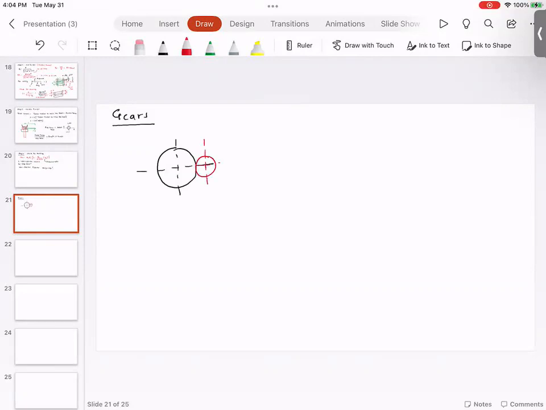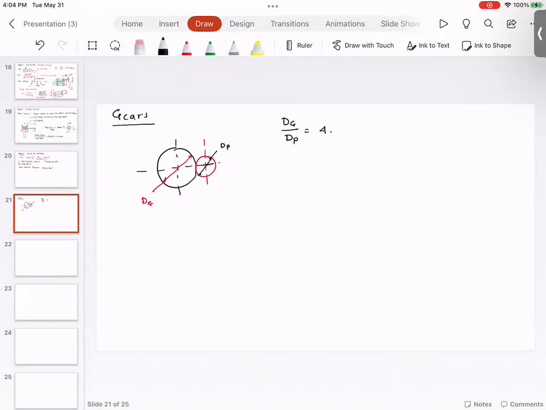Now, depending upon the ratio of their diameters, I'm going to call this gear. And I'm going to call this small wheel pinion wheel. And this will be dp. Assuming dg divided by dp is equal to 4, which means diameter of the large wheel divided by the diameter of the small wheel is 4.